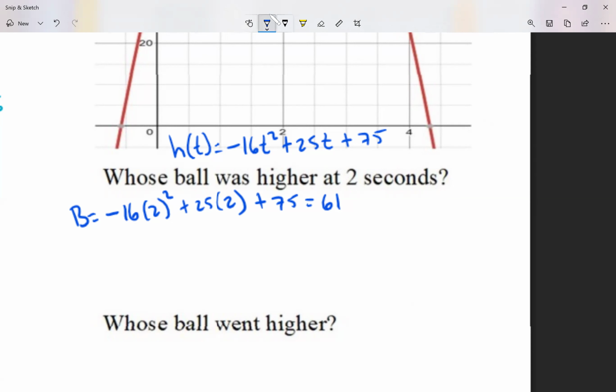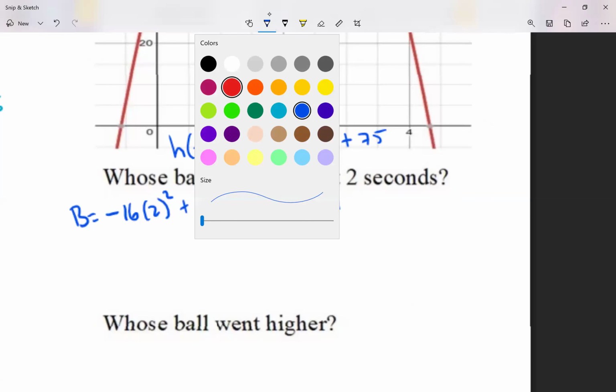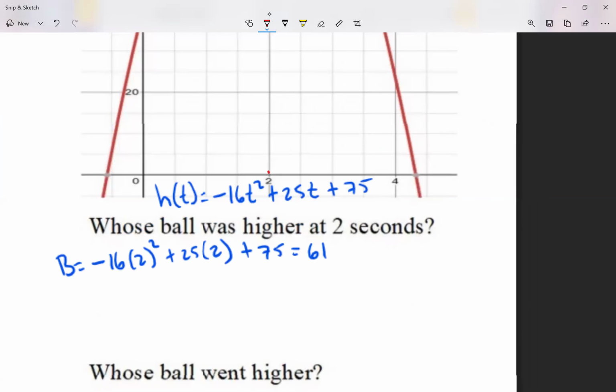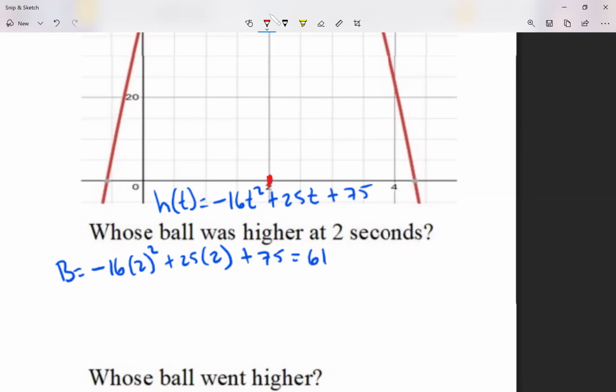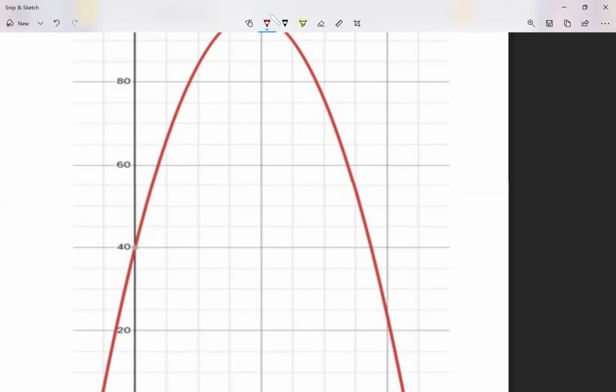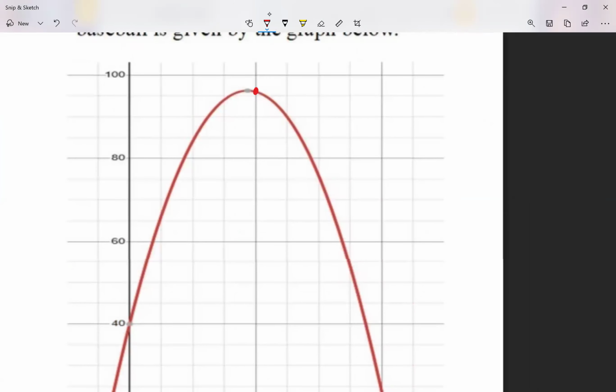How about Andre? Let me do red. At 2 seconds, I see twos right here. I'm using the graph, so I'm just going to go up, up, and I hit the graph right here. And I look for the information on the left. Again, I see the numbers 80 and 100. So the one in between is going to be 90. I see 90 and 100.